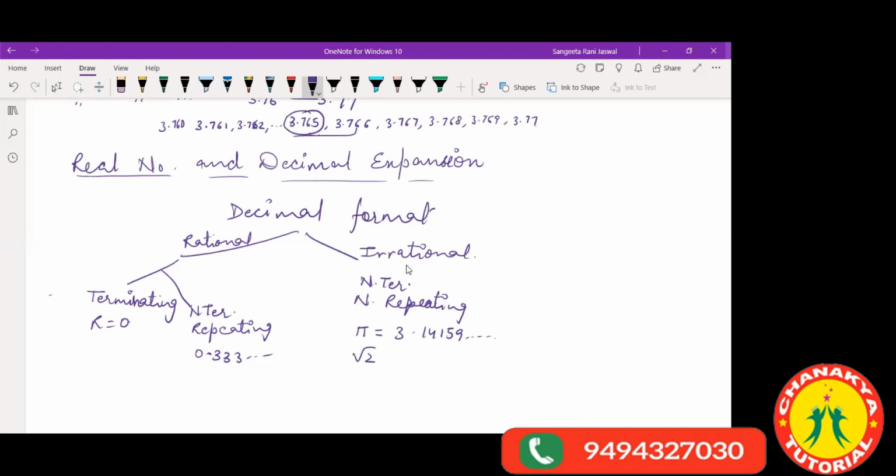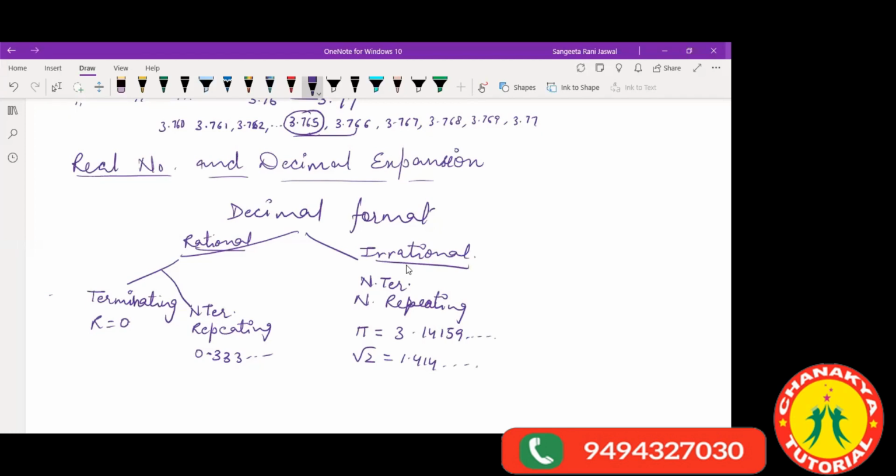Root 2, and all non-perfect square numbers, 1.414 and so on. So this is the format for the decimal expansion. Either you get rational or you get irrational, just by converting a fraction to a decimal.